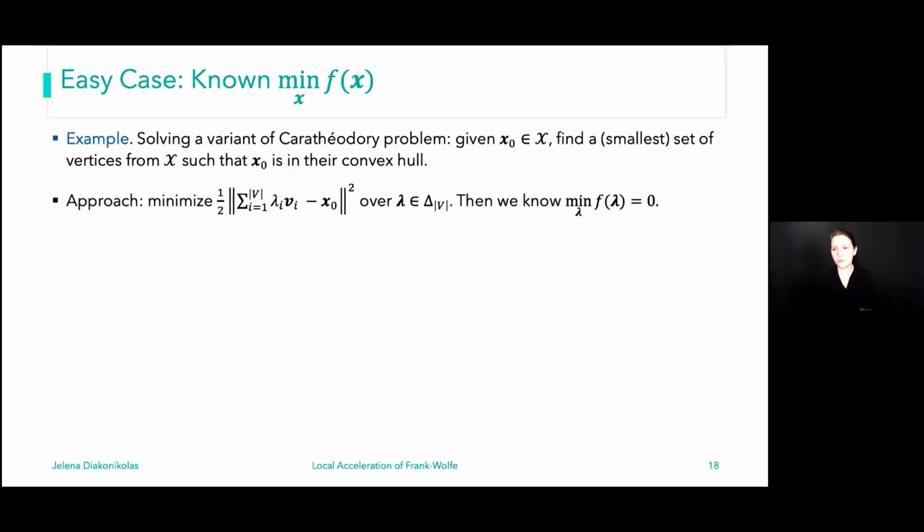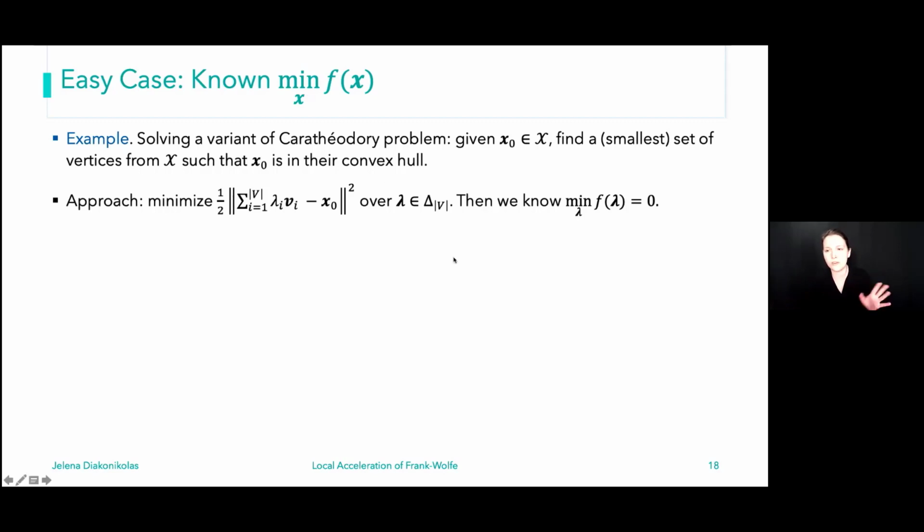So let's start with an easy case as a warm-up. Let's suppose you knew the minimum function value. There are even examples of that, like a Carathéodory problem where you're given a point from the polytope and you want to find the set of vertices whose convex combination gives you that point. You want to find the smallest such set.